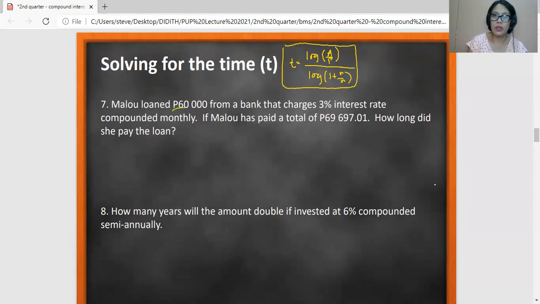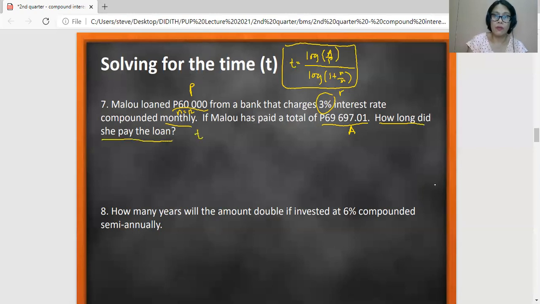So Malu loaned 60,000 pesos from a bank. So this is the principal amount that charges 3%. So this is the annual interest rate, compounded monthly. So your N is 12 here. If Malu has paid a total of 69,697.01, so this is clearly the final amount. How long did she pay the loan?